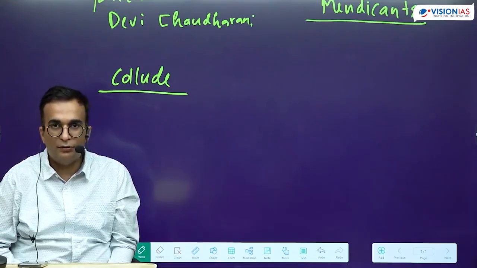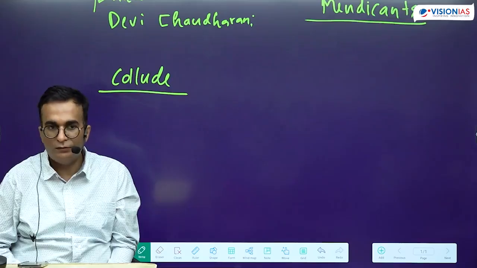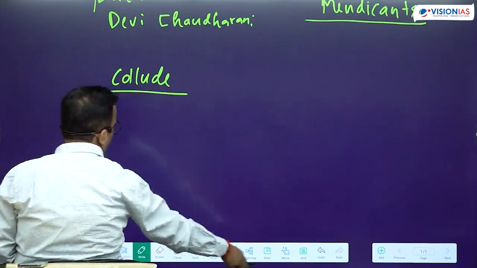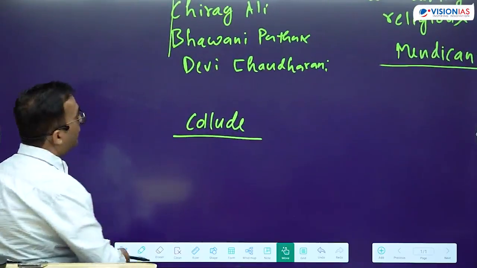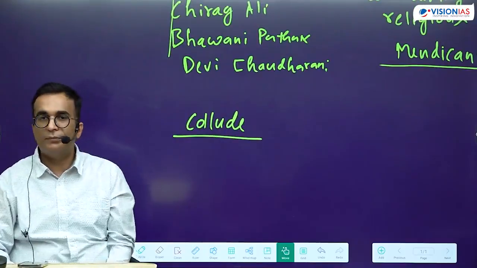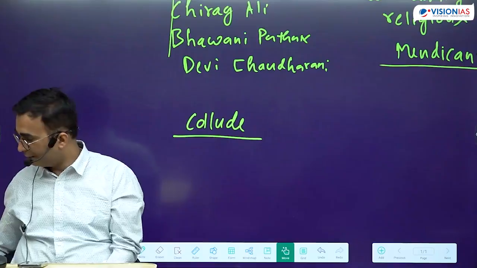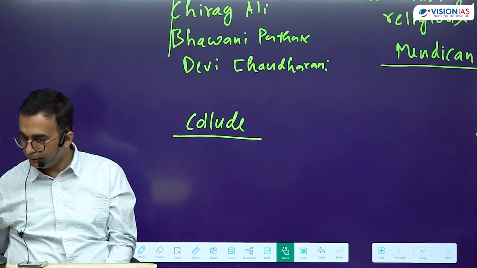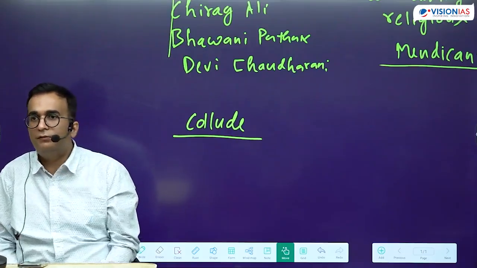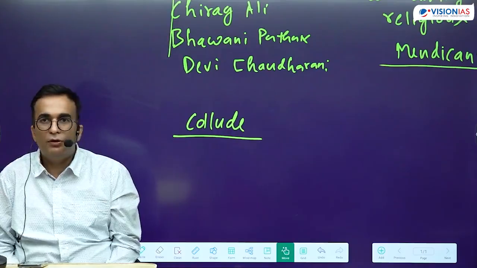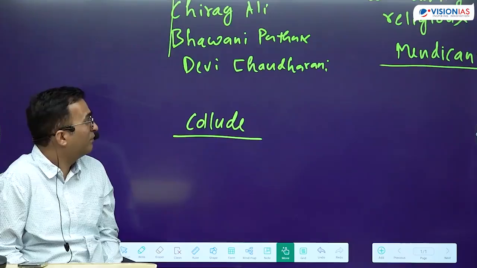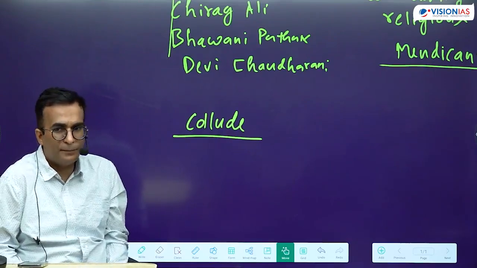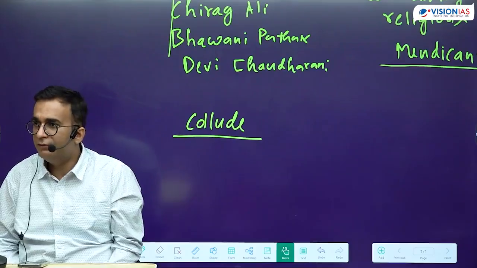After the full stop, mention these names which I have written: Chirag Ali, Bhavani Pathak, and Devi Chaudhrani, the notable supporters of the Sannyasi Fakir uprising.